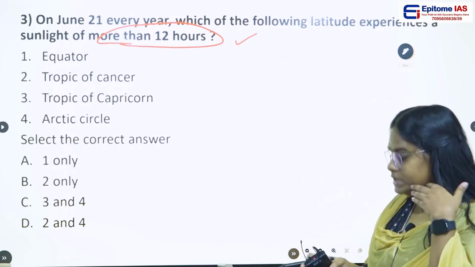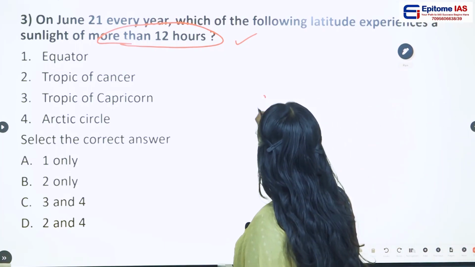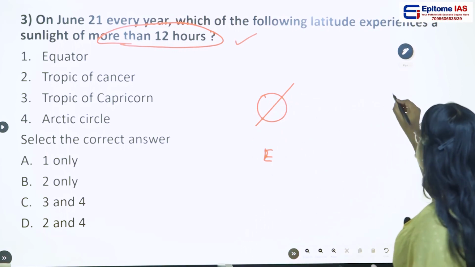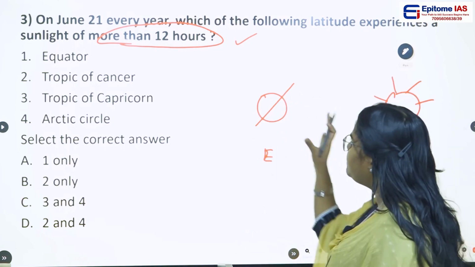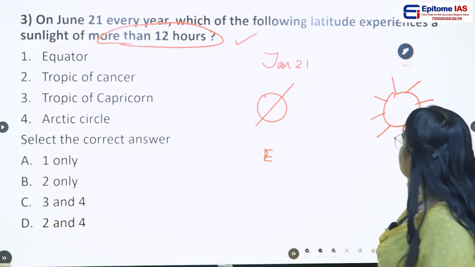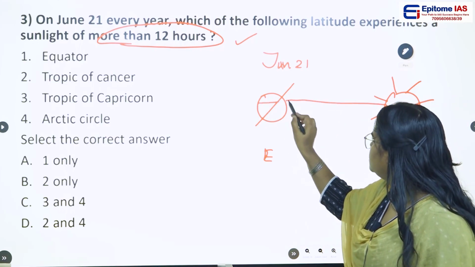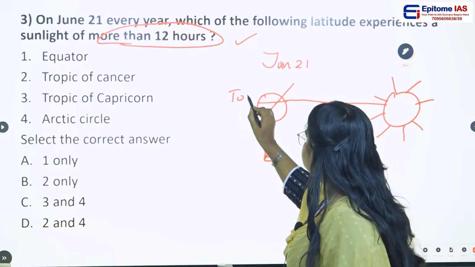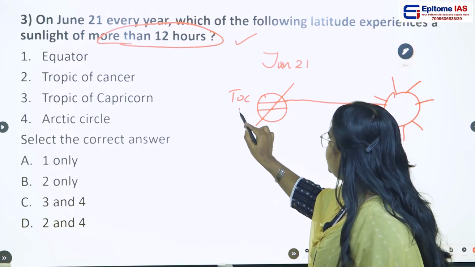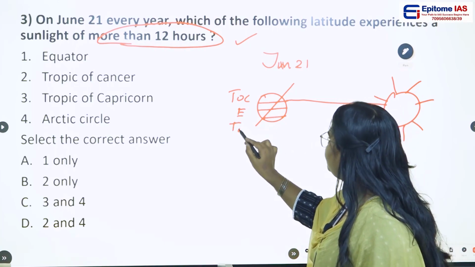So if you see, there is a basic fact that, let's say, this is the earth and this is the sun. So what happens on June 21 is the direct sun rays fall on the Tropic of Cancer. Let's say this is Tropic of Cancer, and this is equator, and this is Tropic of Capricorn.